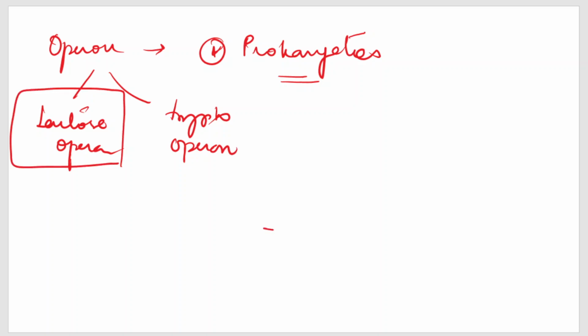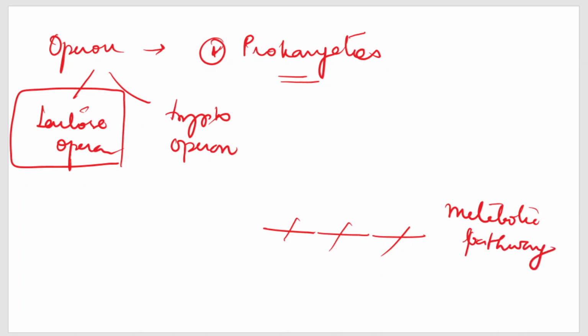So an operon is a package containing a series of genes arranged sequentially, and these genes code for proteins involved in a particular metabolic pathway. For example, in the lactose operon, these genes produce proteins that are involved in lactose metabolism.